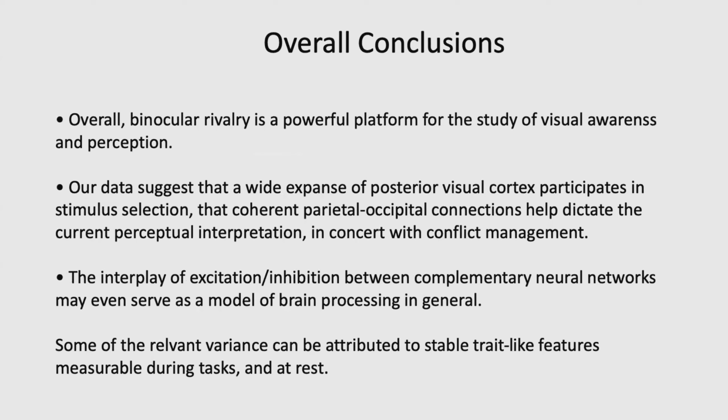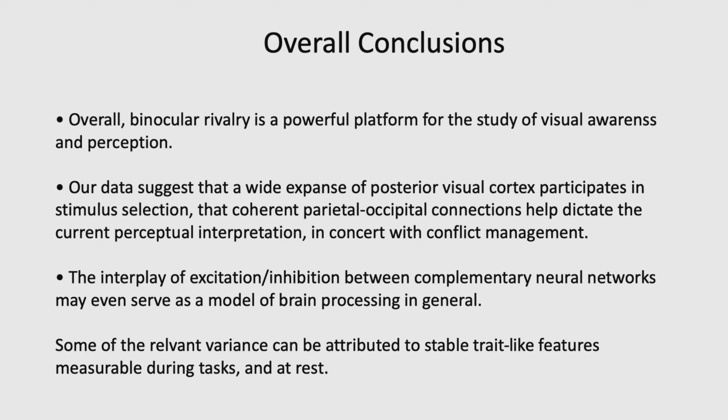Okay, so I have overall conclusions here, and I'll probably stop here. Overall, binocular rivalry is a powerful platform for the study of visual awareness. Our data suggests that a wide expanse of posterior visual cortex participates in stimulus selection, that coherent parietal occipital connections help to dictate the current perceptual interpretation in concert with conflict management.